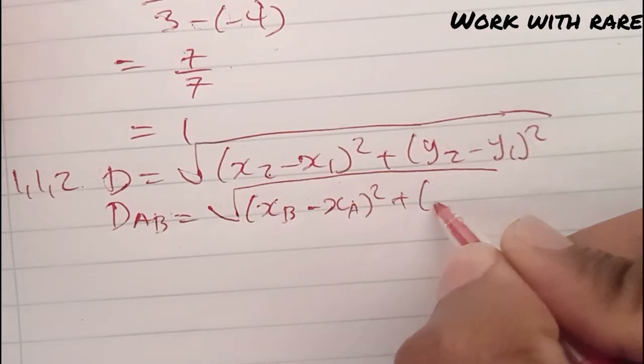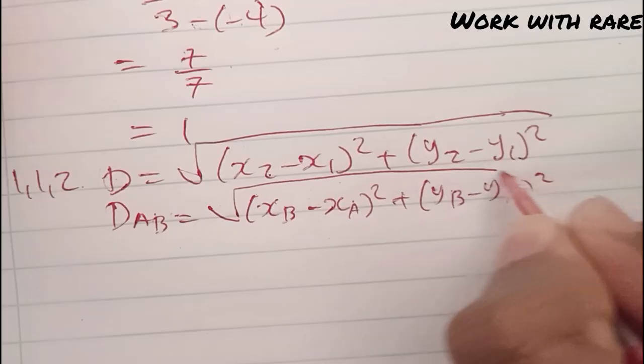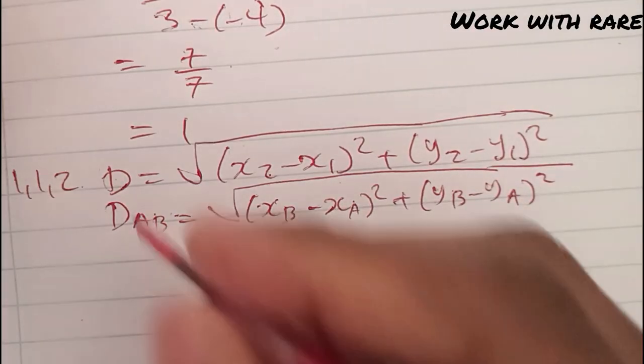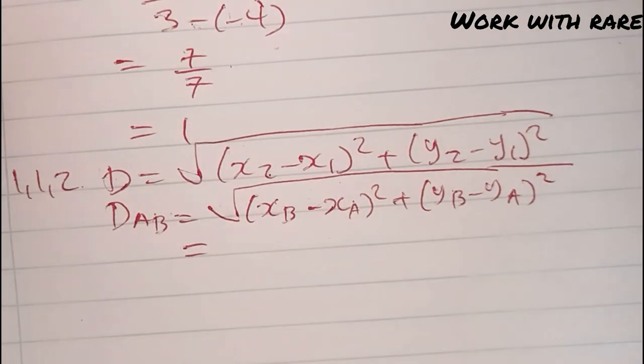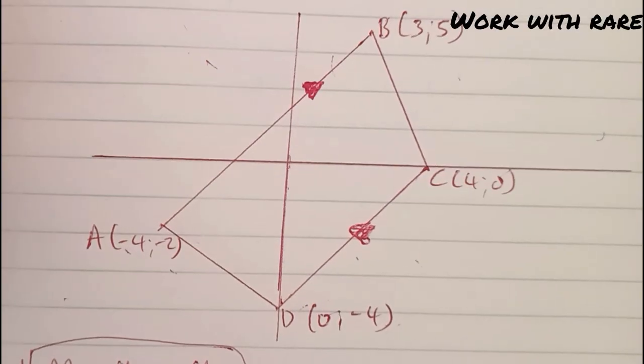So from there we'll say yb minus ya. We already know those coordinates. xb is 3, and xa is -4.